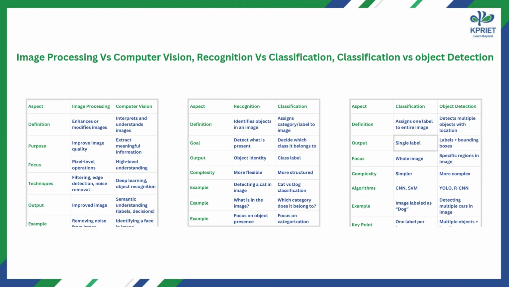Now we can classify image processing versus computer vision, recognition versus classification, and classification versus object detection. You can go through them. We are classifying based on definitions, purpose, focus, techniques, outputs, as well as complexity and the different types of algorithms involved in recognition and classification.